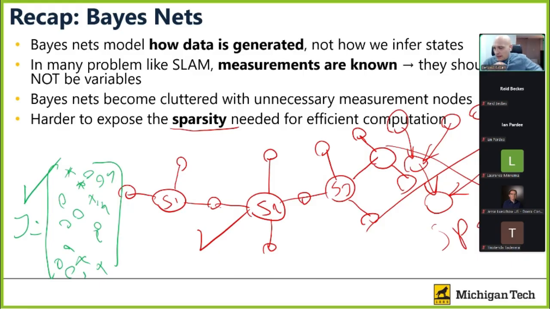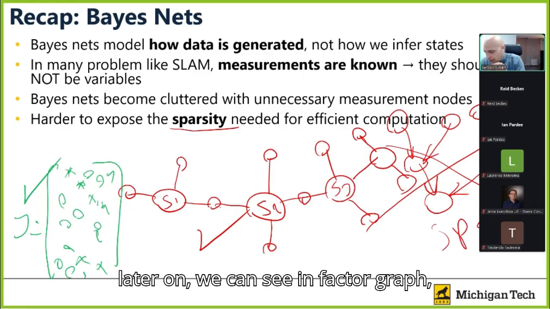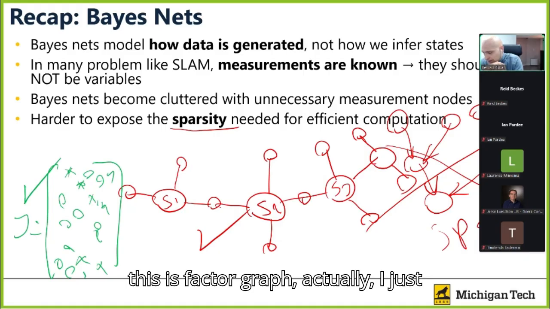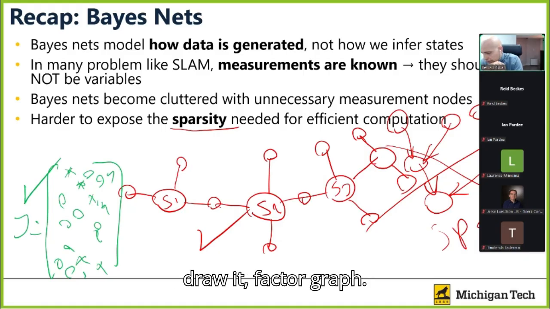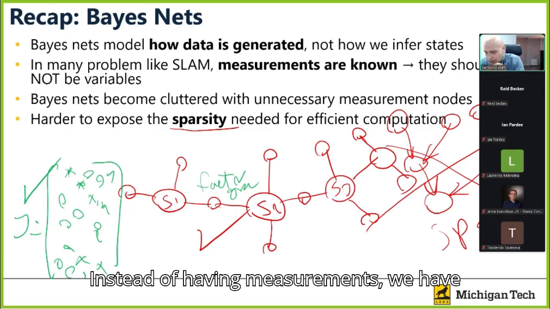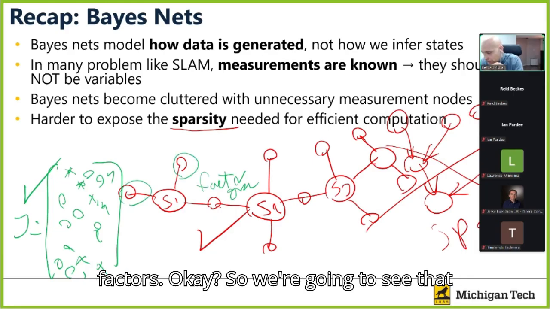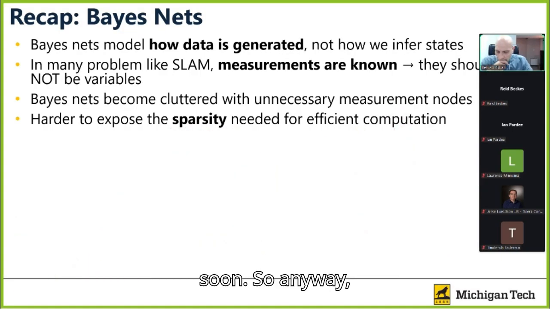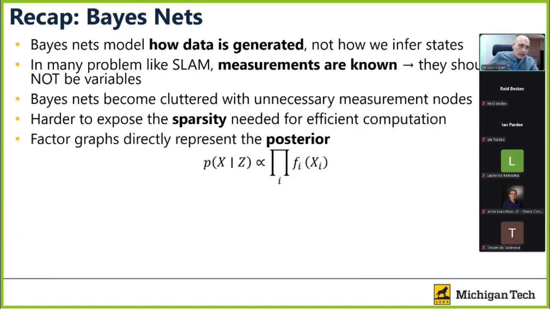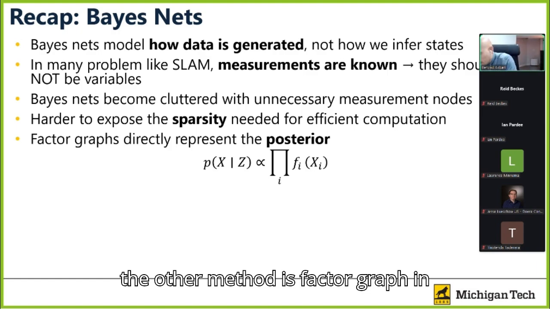But later on, we can see in the factor graph, this is the factor graph actually, I just drew it. Instead of having measurements, we have factors. Okay, so we're going to see that soon. So anyway, the other method is the factor graph in general.